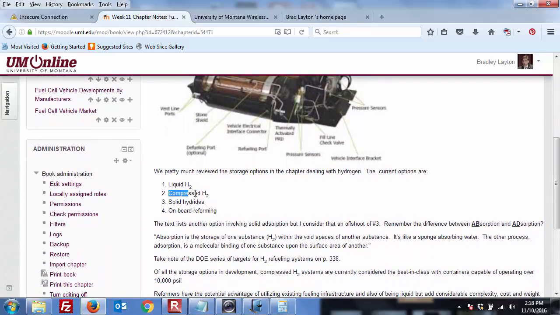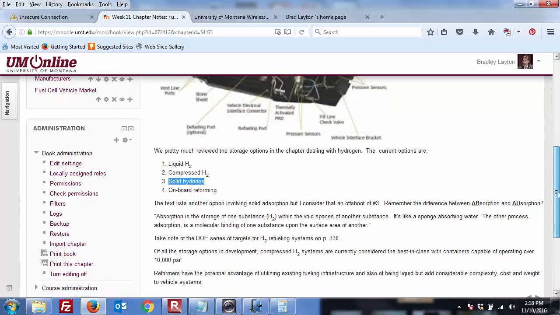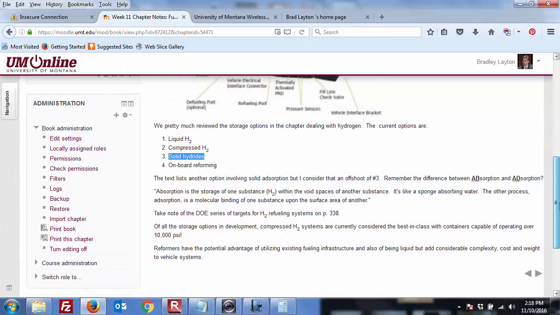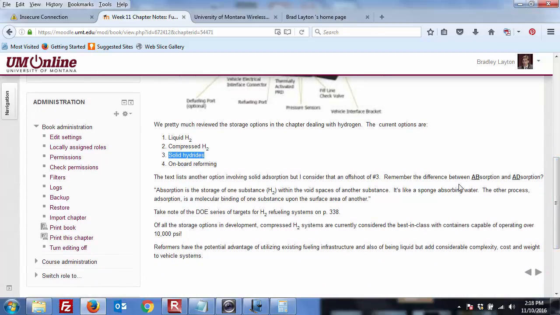Our Chevy truck does compressed hydrogen, and our Zeus does solid hydride. So the hydrogen is not in a gas form; it's actually absorbed onto a membrane. Absorption means it's inside. Adsorption means it's on the outside.